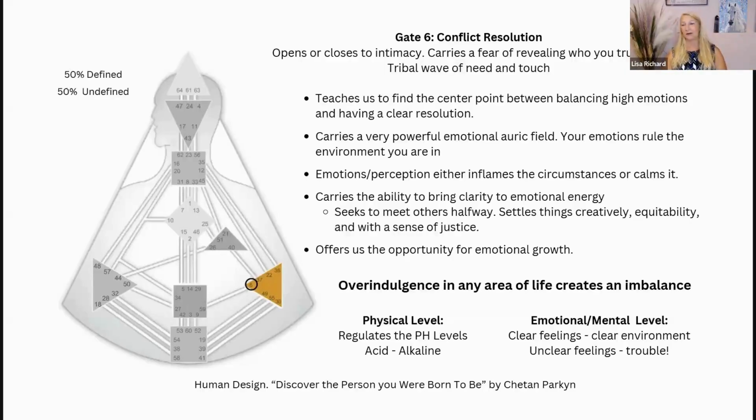So we're learning about all these relationships. And when we learn to have healthy emotions and healthy mind, so clear feelings, then our environment is clear. Our relationships are clear. When we are unclear about our feelings, then there's trouble.